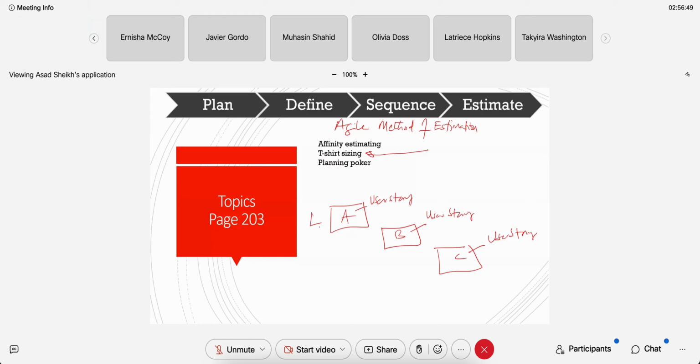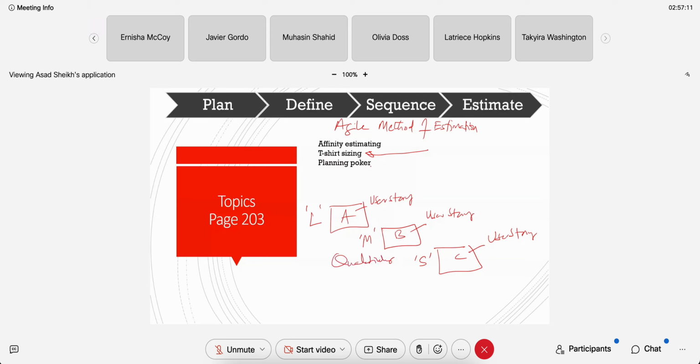This is large. This is a lot of stuff I need to do. Large size. This is medium size. This would be small size. So that's how they do it. Large, medium, small. So remember, these are all qualitative sizing, right? These are all qualitative.